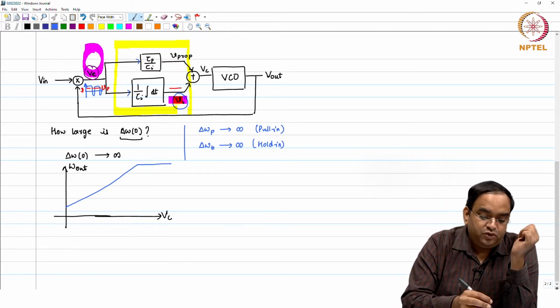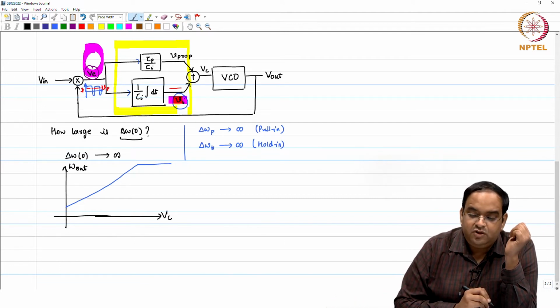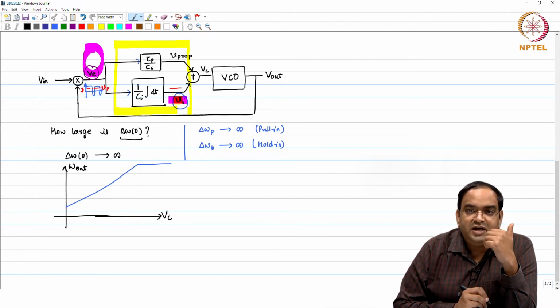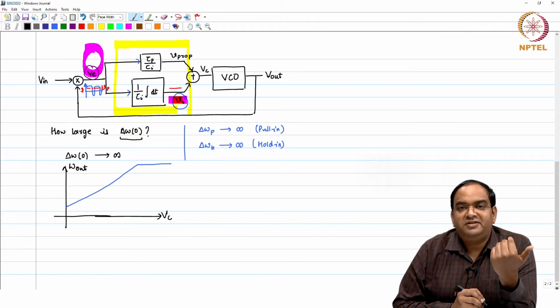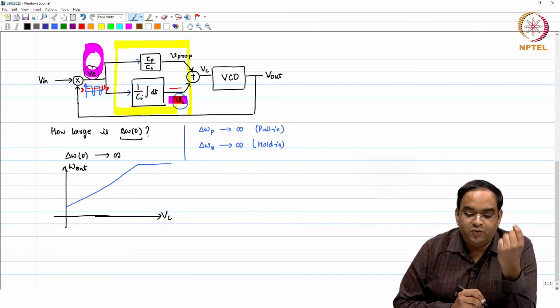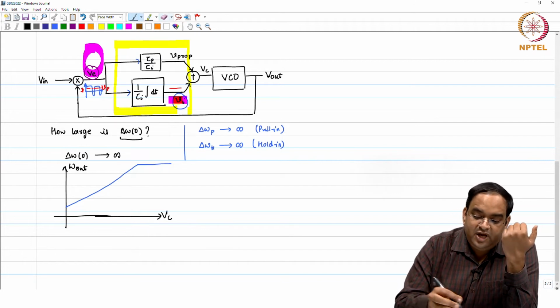So, for lock in range, you need to find out the frequency range to which the PLL locks without the phase error exceeding 2 pi.